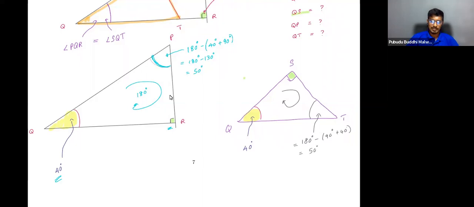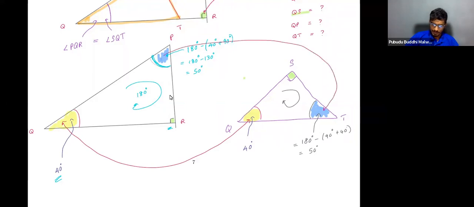So in other words, these two angles equal each other. So what happened? All three angles are equal separately. Here, these two, and these two, and also 90 degrees.